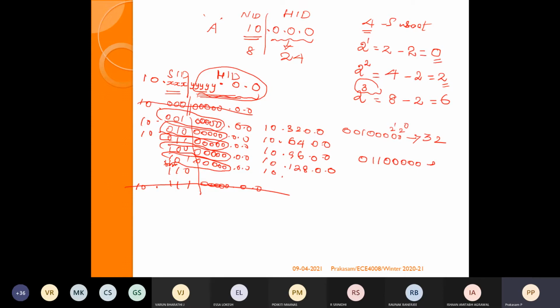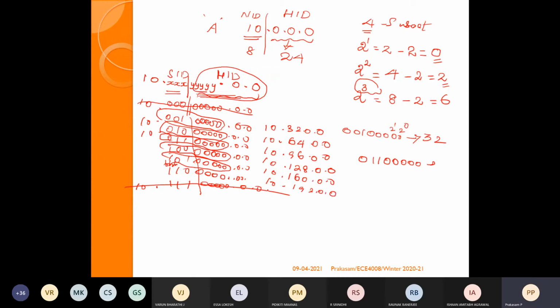So 10 dot, this is 128 plus 32. What is this value? 160. Yeah, 160. Then 1, 1, 0 with 5 zeros: so 10 dot, this is 128 plus 64, so 192.